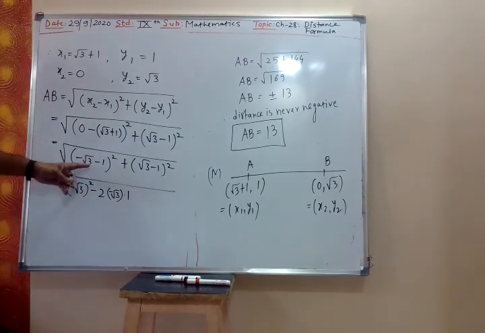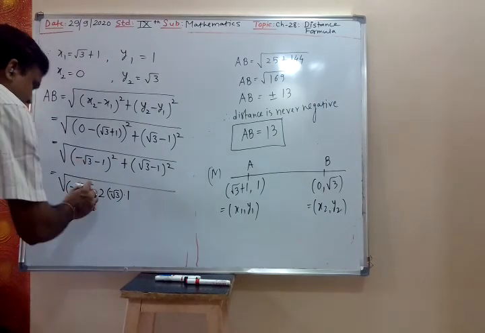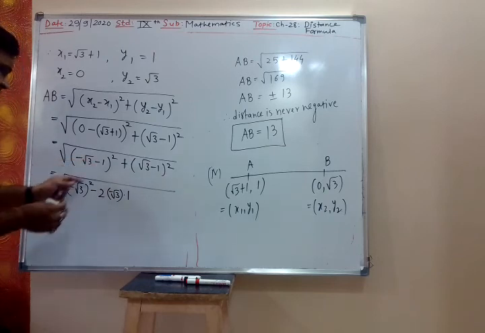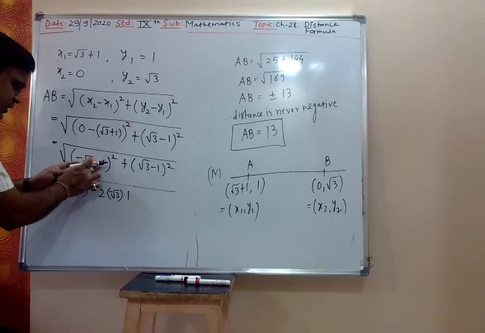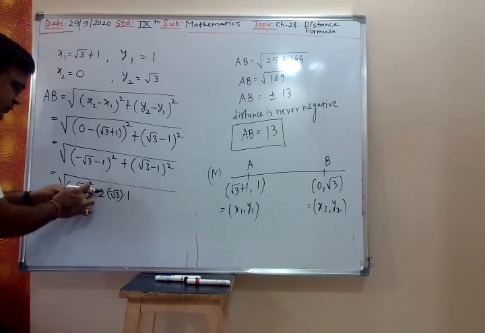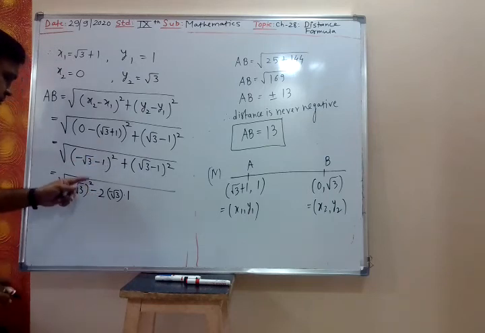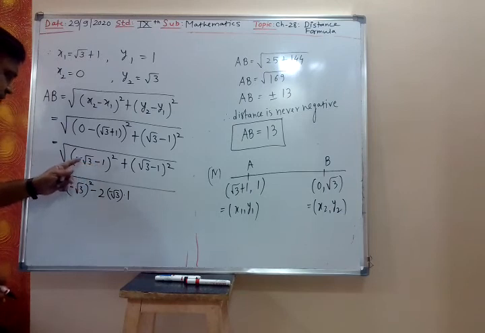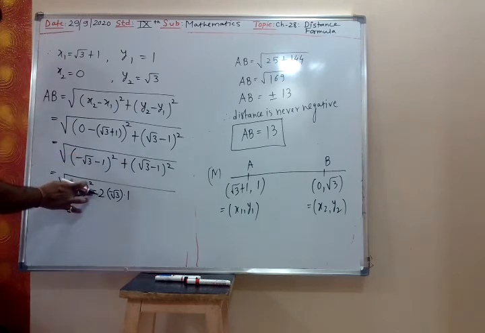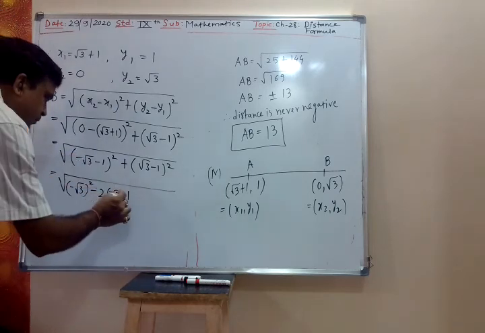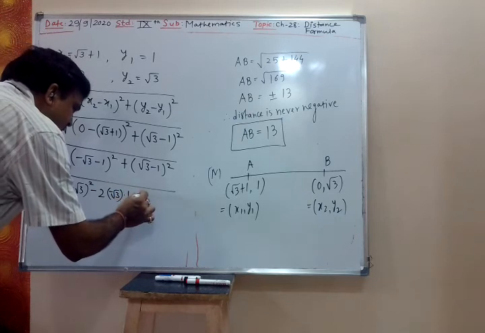If you are taking minus 1 also, then you have to take this as plus 2. If I am taking minus, then it will be minus root 3 into 1. Are you getting? Plus 1 square.